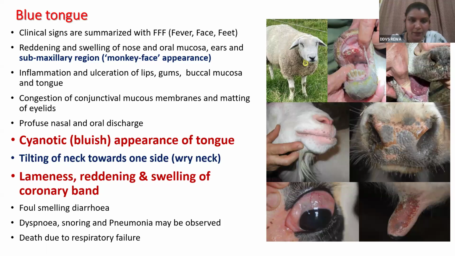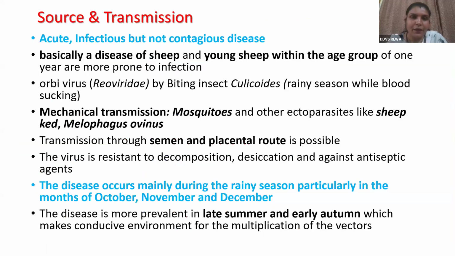These may be considered important symptoms which help us in differentiating it from PPR. Similar diarrhea is there, dyspnea is there, and death again due to respiratory failure. The disease is acute, similar to PPR, but it is infectious, not contagious.